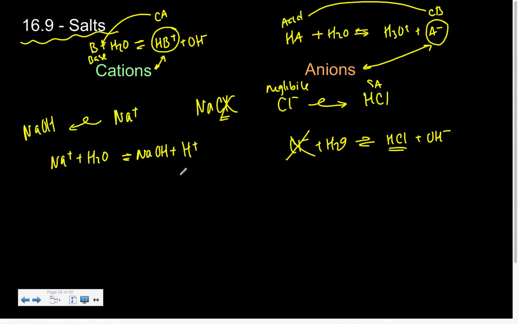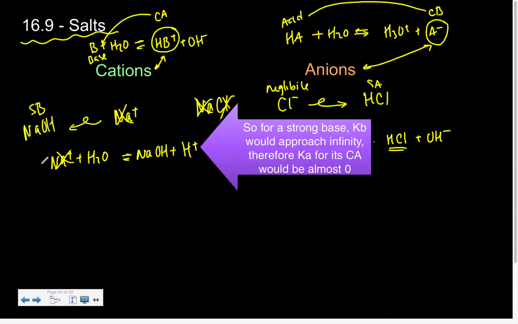That's not something it's going to do, because this would dissociate, forming hydroxide ions, which would then neutralize these, leaving us with a neutral solution. Which means that sodium ion has no tendency to produce hydronium, so it has no effect on pH. So by extension, conjugate acids from strong bases have no effect on pH.